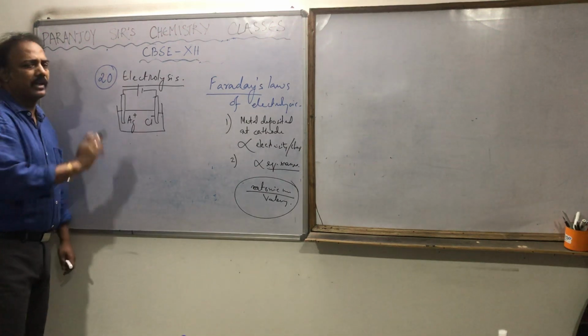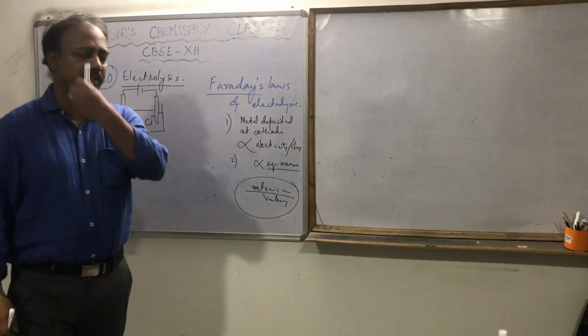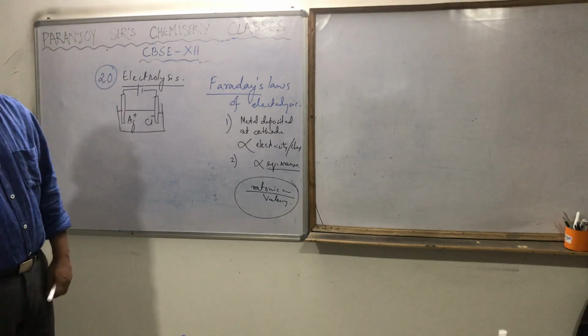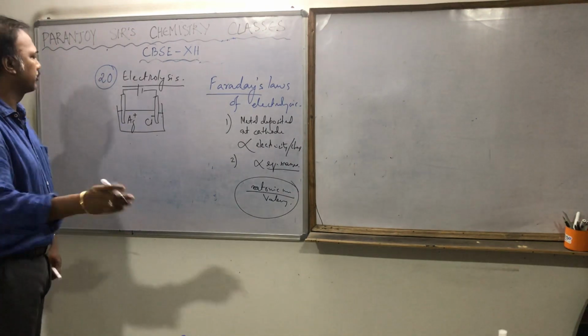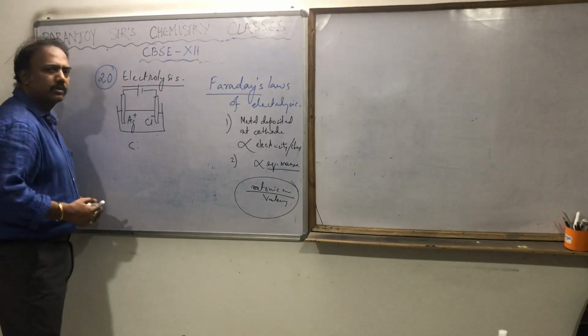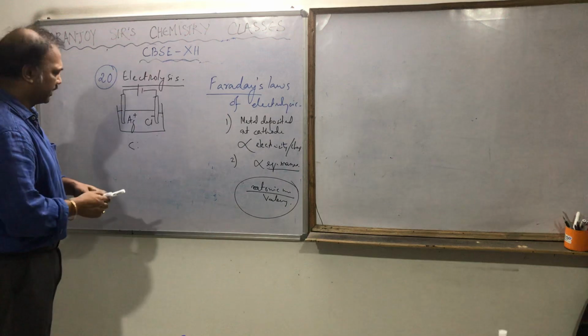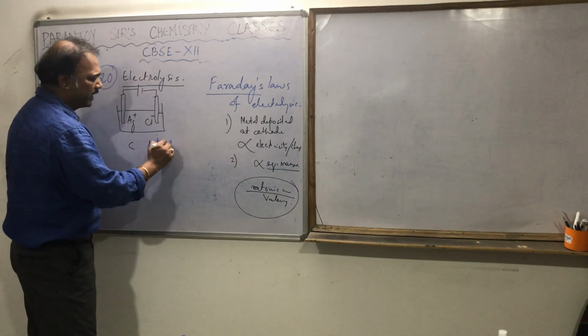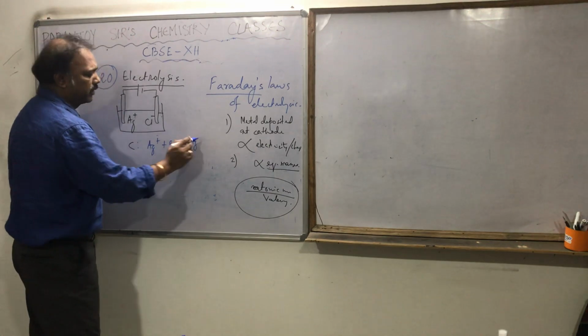In electrolysis we mainly concentrate on the reaction at the cathode, but that does not mean we are not going to consider the reactions at the anode also. So what is the reaction that will be taking place at the cathode? It is Ag positive plus e producing Ag. We know this.